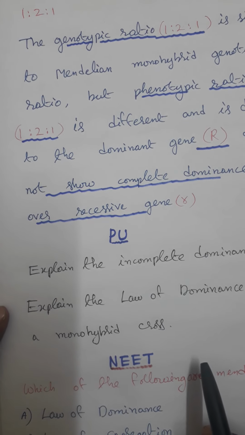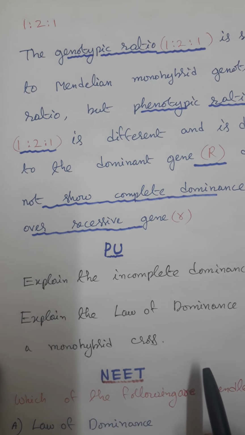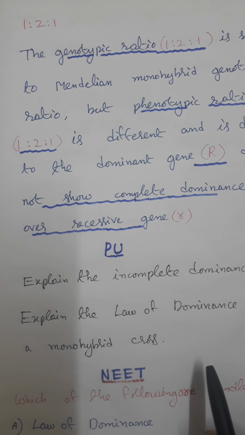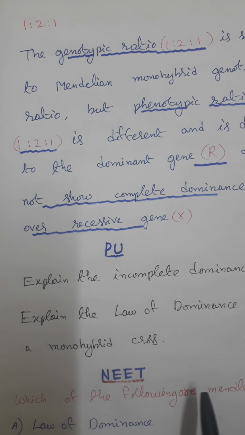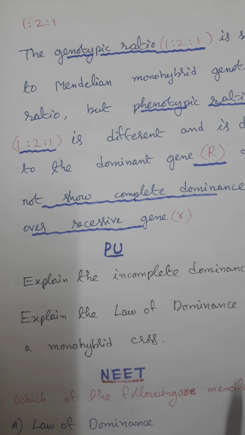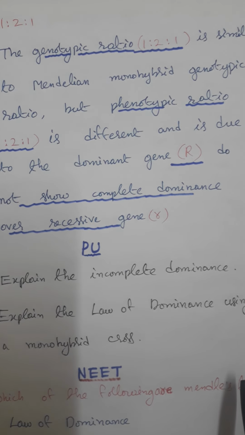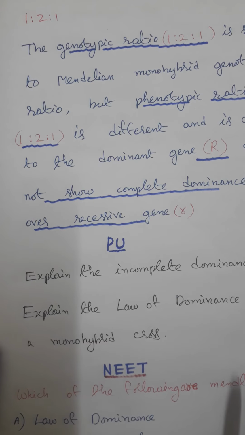Based on this concept, the law of dominance, law of segregation, and incomplete dominance, from the subjective point of view there are a few questions. One question is: explain the incomplete dominance.